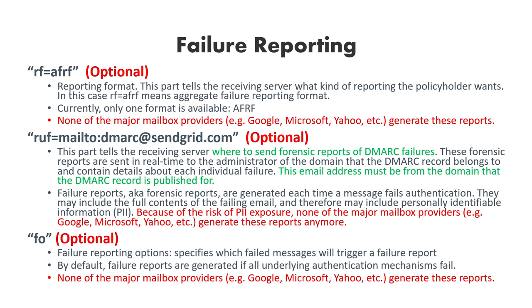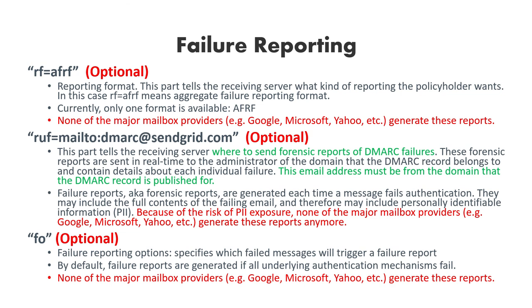But because of the risk of PII exposure in those DMARC failure reports, none of the major mailbox providers generate those reports anymore, because it basically sends the other data in another email, just to potentially have somebody grab that data out of that formatted email. And if you're spoofing stuff with DMARC from somebody else, you can be getting some data that people are sending back. So nobody uses that anymore. So again, just more information.